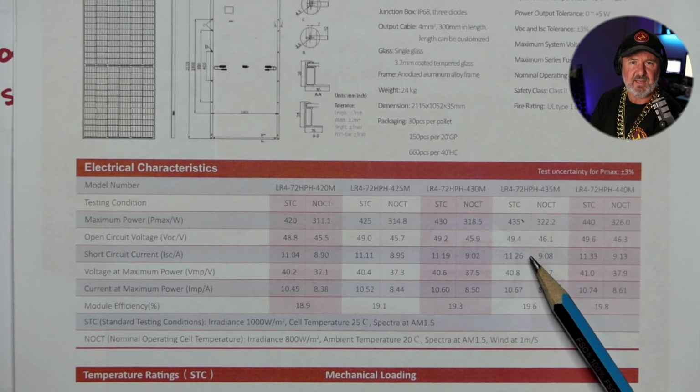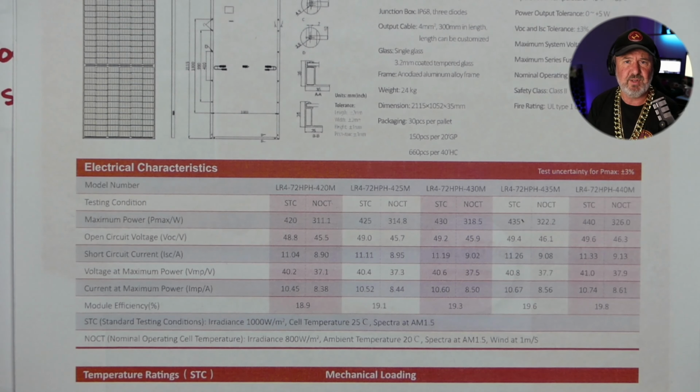Now, our standard says that anything to do with overload conditions, we need an overload factor of 25%. So we allow another 25% on top of that number just to be sure. And it's for good reason. Because standard test conditions is only 1,000 watts per square metre, and in the right conditions, you'll get higher than 1,000 watts. And the current output of a PV module is pretty well proportional to irradiance.